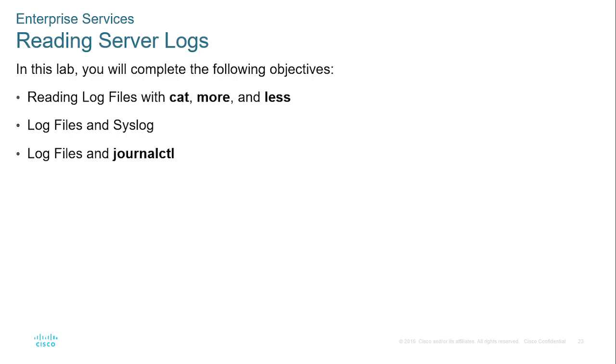More and less are paging-like commands, because if you just use cat on a log file, it gives you everything within that log file, while more and less give you section by section of the whole log file.